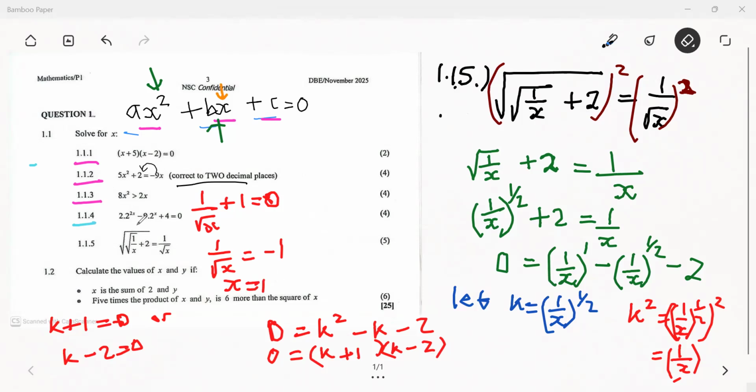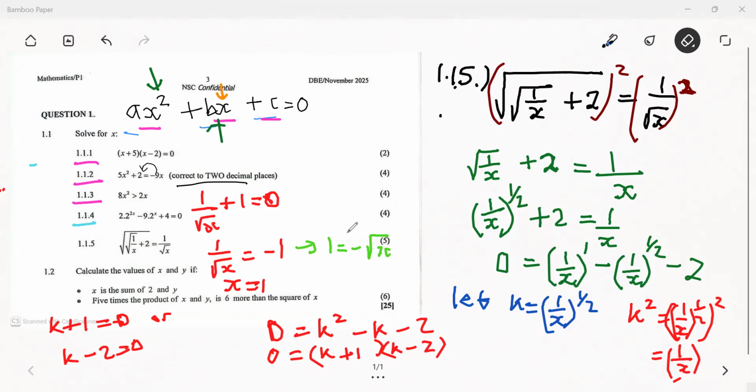Now when I substitute x equals 1 into both sides of this equation, I don't get the same answer. Here I skipped some steps. A step you should have in between is multiplying by square root x on both sides, and you get this.